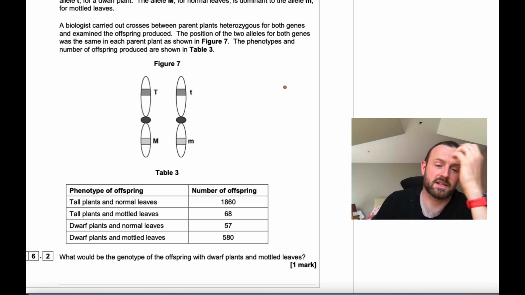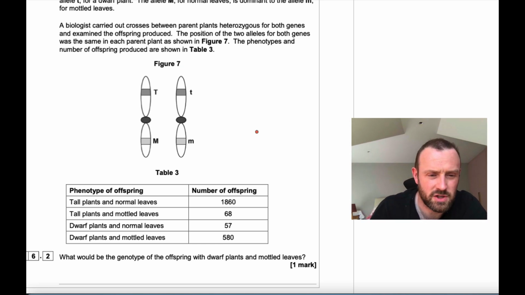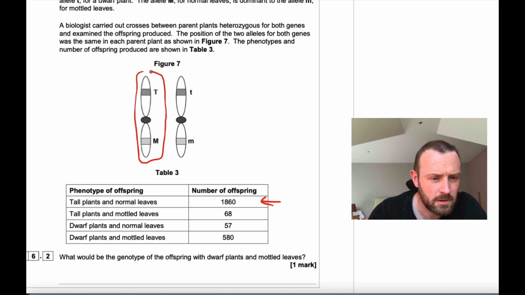So I'm looking at this, and basically this is about crossing over. So you can see that tall plants are normal leaves. Even before I get to the question, this is kind of like inheriting at least one of this version of the chromosome. If you inherit one of those chromosomes, then you're going to have tall plants and normal leaves.